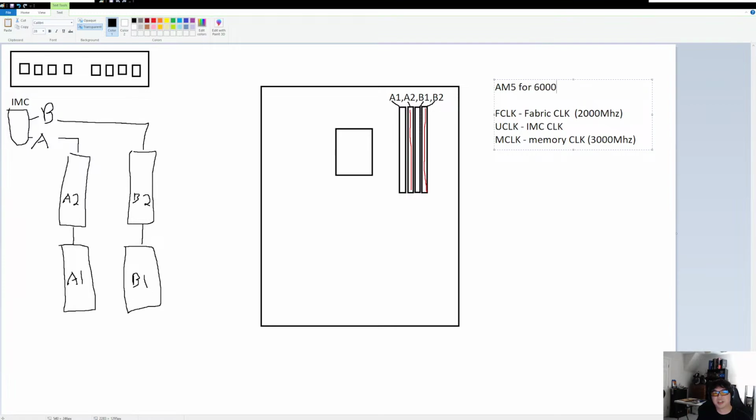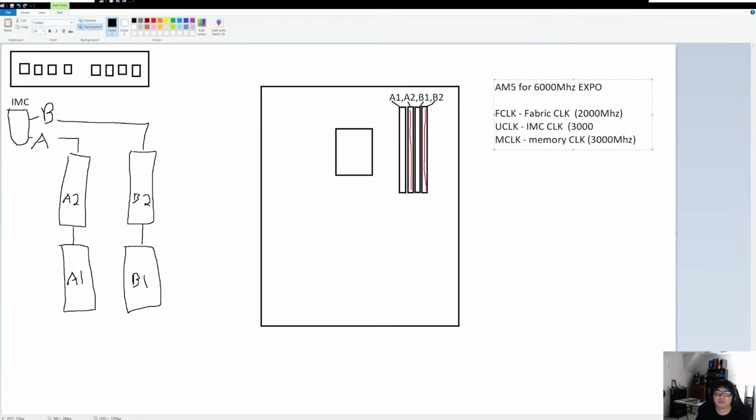For a 6000 megahertz EXPO kit, typically the F clock is going to be 2000, the MEM clock is going to be 3000. And here's where it's interesting. The U clock, which is the integrated memory controller's clock, that's inside the CPU, that's not on the memory, that's not on the motherboard, it's on the CPU. This is going to be a 1-to-1 ratio with the MEM clock.